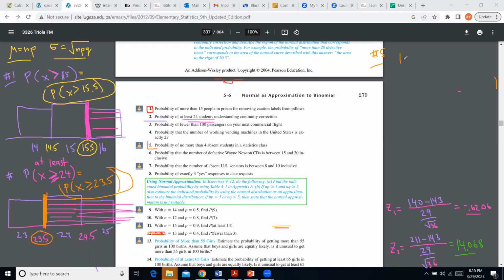In exercise number 5, they say, again, find the probability that no more, which means greater is not allowed. Well, then it should be less than or equal. See, in these exercises, we pay very close attention to this equal sign because it makes a difference if we include or we don't include that particular bar.